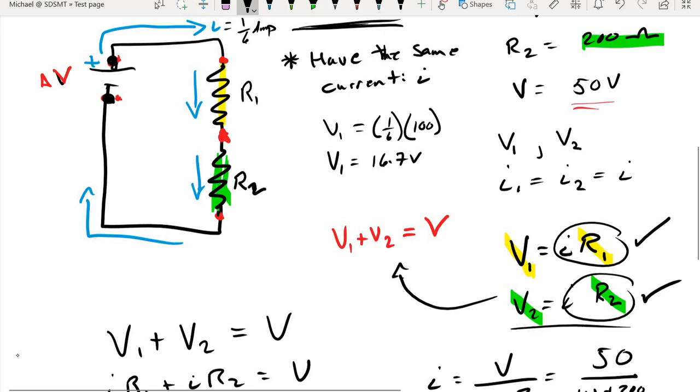And then I'll go back and I'll do the same thing for V2, except I should already have a pretty good idea of what V2 is, because I know the potential of the battery was 50. I know that I've already used up 16.7 volts going across the first resistor.